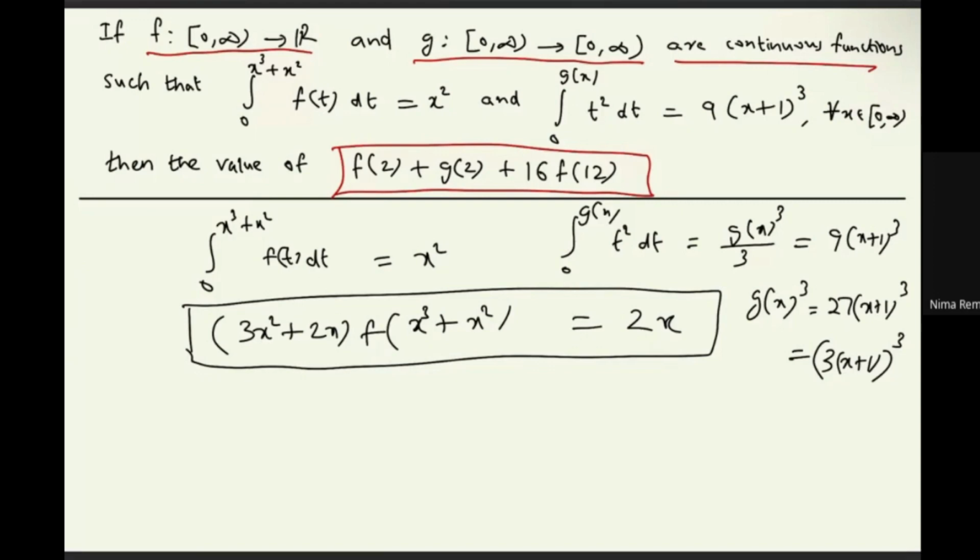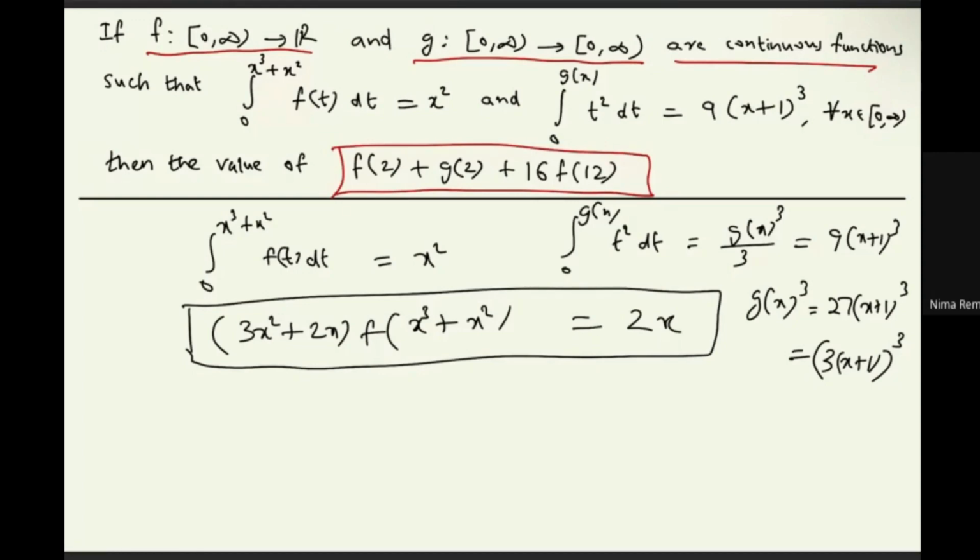But g of 0 is not equal to 0. It's not given. G of 0, we don't know. So that term also should be there, right? Where is it?